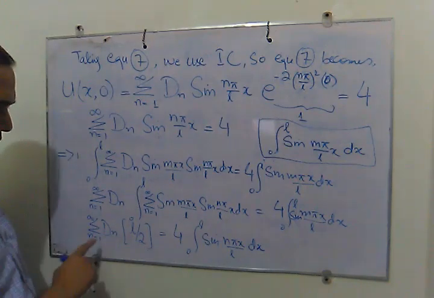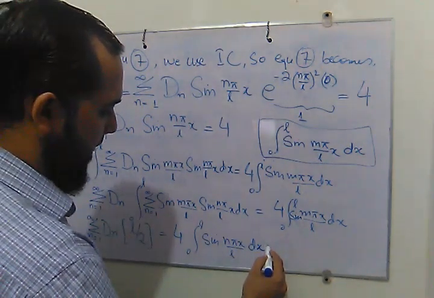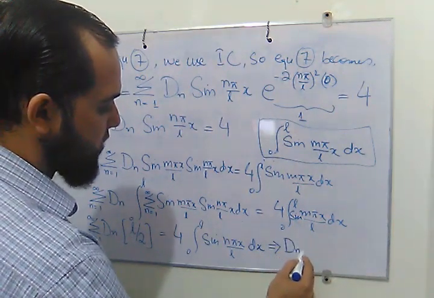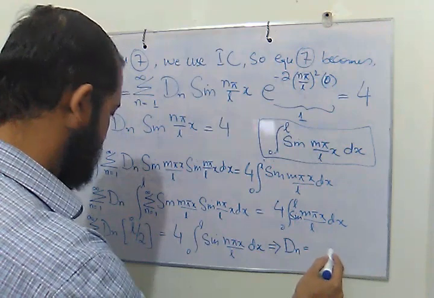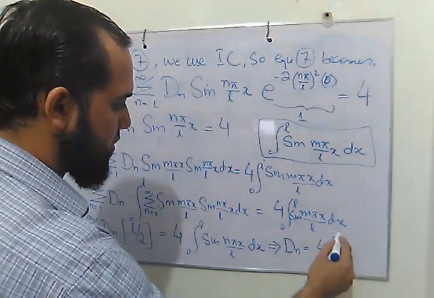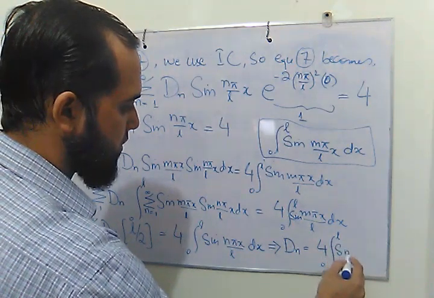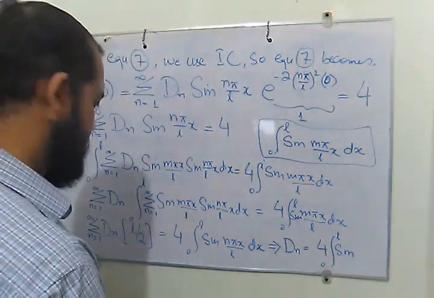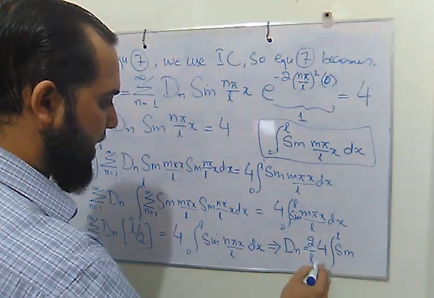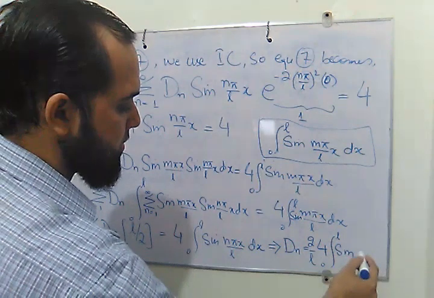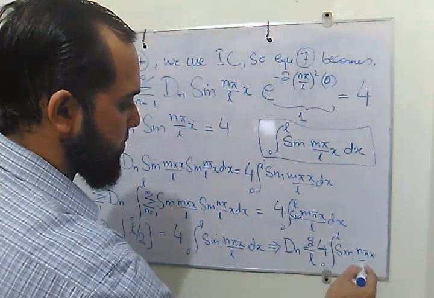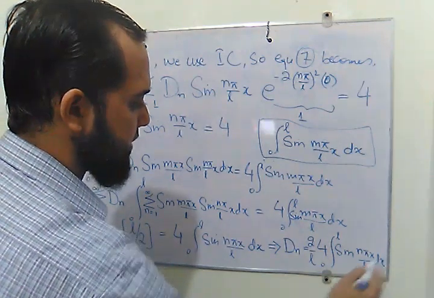So this means that this dn is basically equal to 4 times 2 by L integral of sine n pi x upon L dx.